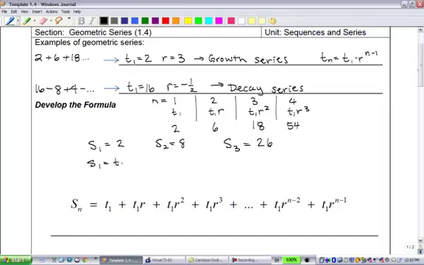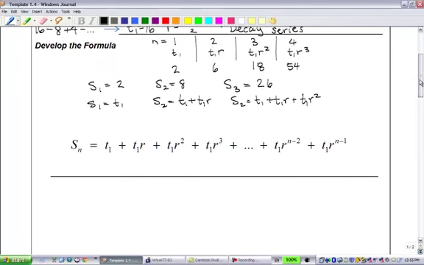S1 is just T1, S2 is term 1 plus term 2, S3 is term 1 plus term 2 plus term 3. So we see this pattern continue. Term 1 plus term 1R plus term 1R squared plus term 1R cubed. And what I've done here is I've generalized that.